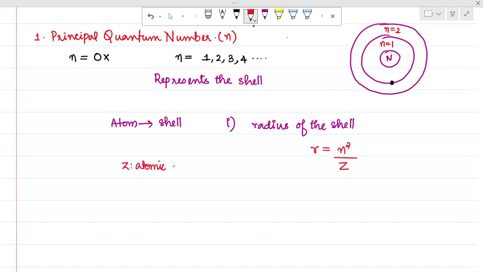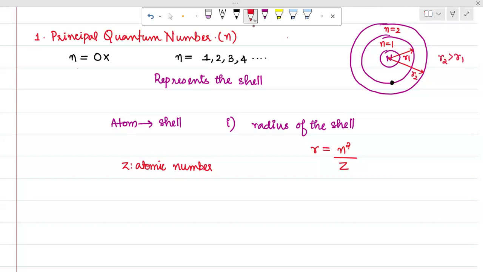And that is obvious, correct? Because as your value of n increases, for example, let's say this is the central point, and from here this is n equal to 1. This is your radius, r1. And when you move to your second shell, this is r2, and of course r2 is greater than r1.